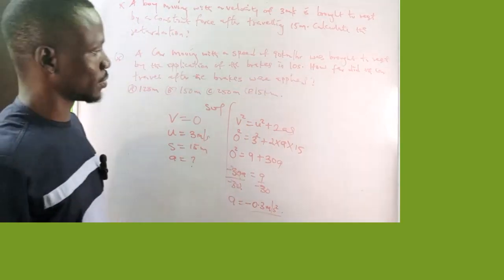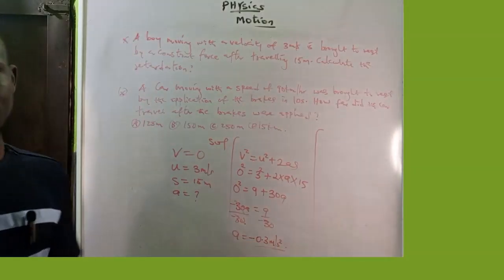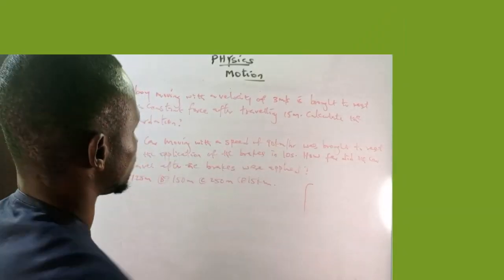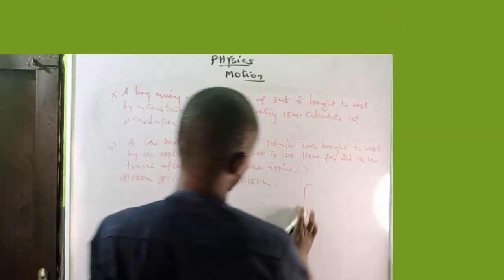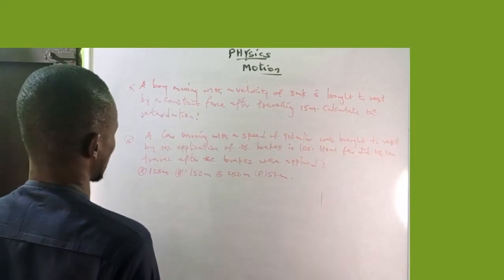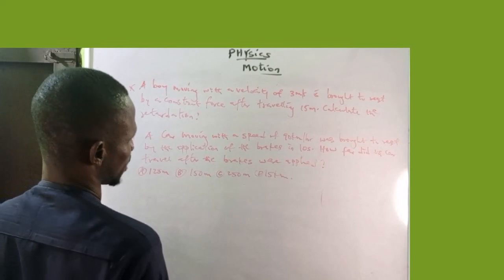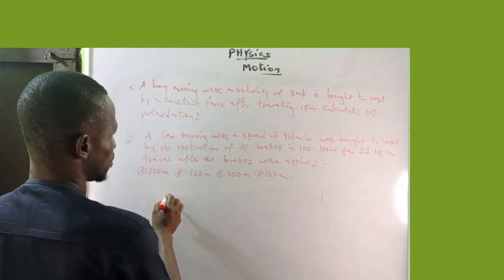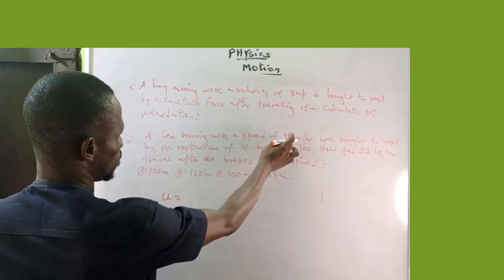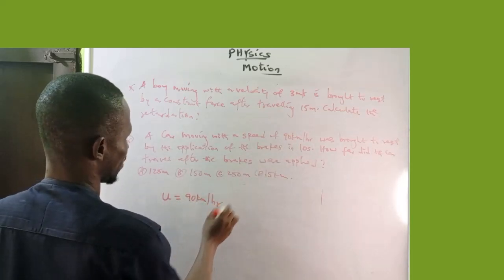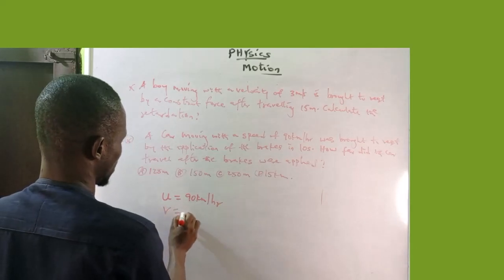Then the next one, I hope you get that. So the next one is a car moving with a speed of 90 km per hour was brought to rest by the application of brake. The initial speed is 90 km per hour before it's brought to rest.